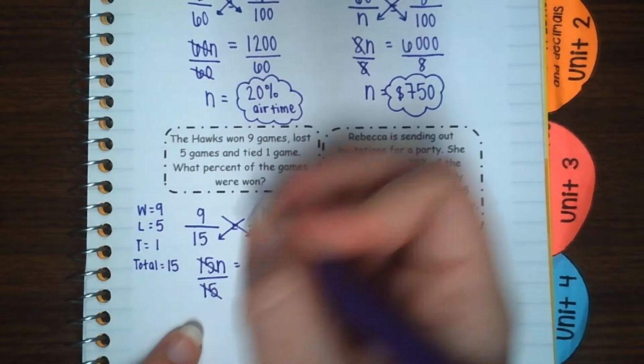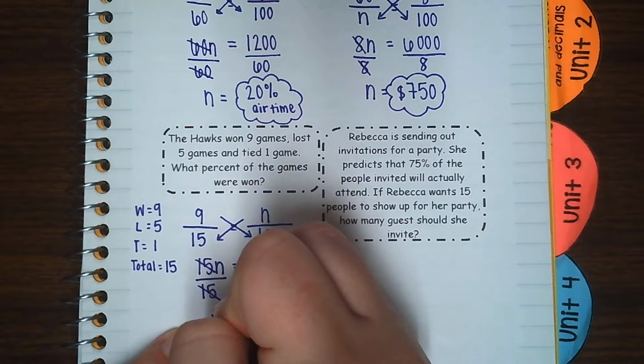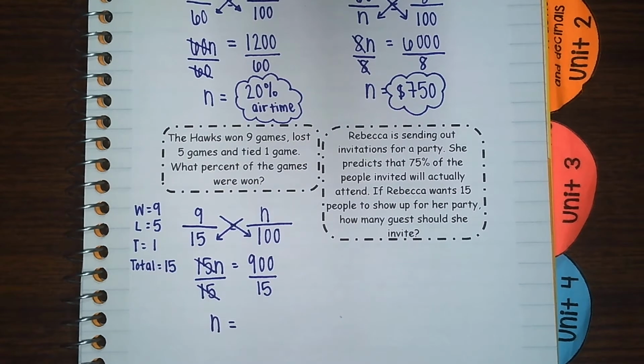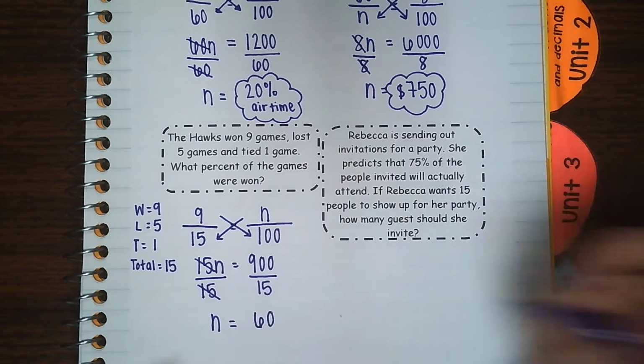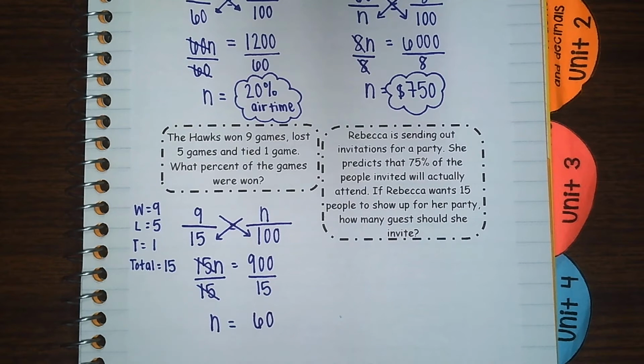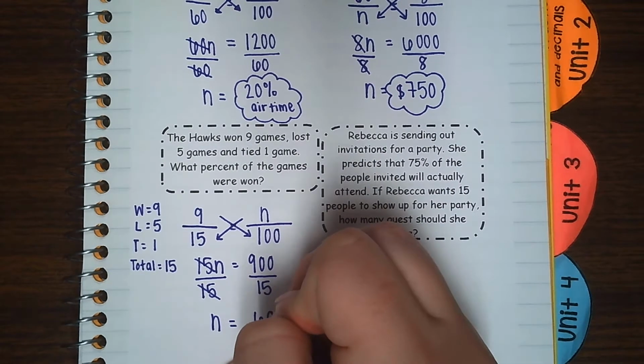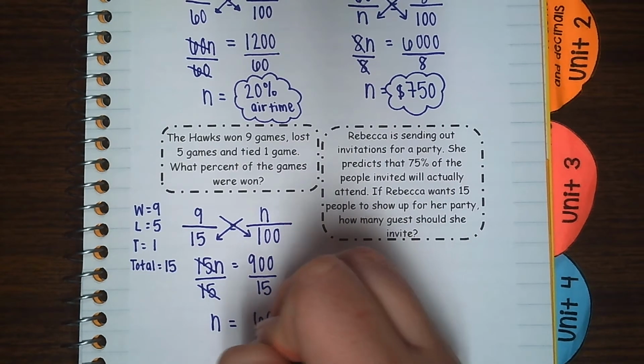Fifteens eliminate, leaving us with N equals 900 divided by 15 is 60. Okay, so what percent of the games were won? 60% of games.